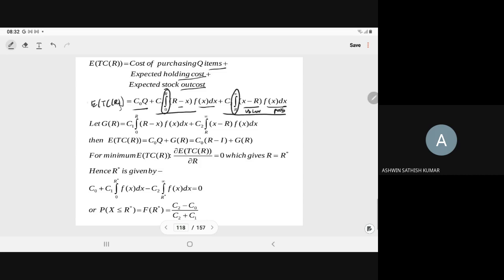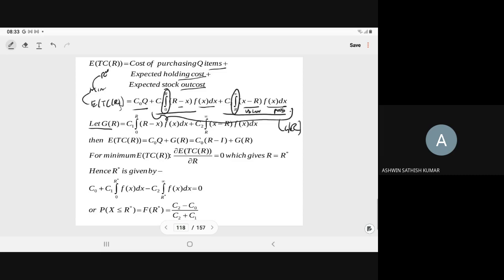Now I have to minimize this to compute R star. For that, let G(R) be this quantity: G(R) is equal to C1 integral 0 to R of (R minus X) f(x) dx plus C2 integral R to infinity of (X minus R) f(x) dx.